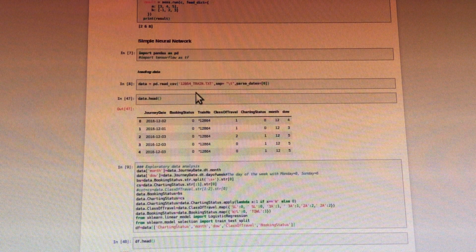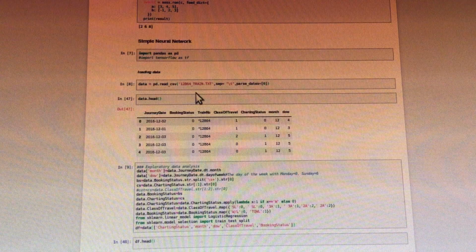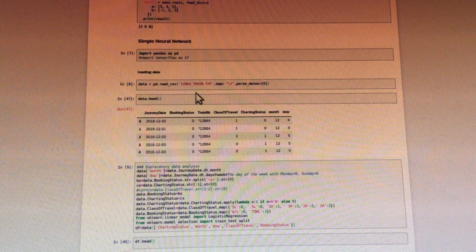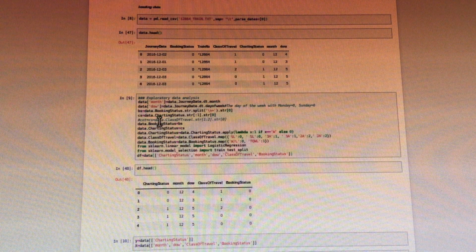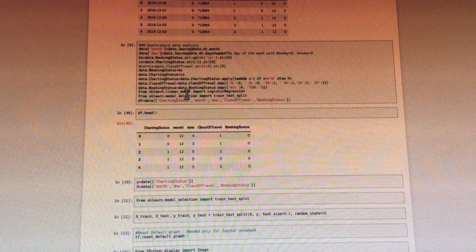We are starting by importing pandas as pd. We are importing pandas here for loading the data. The data is not cleaned. We need to use exploratory data analysis, that is the EDA, and we get a cleaned data set.